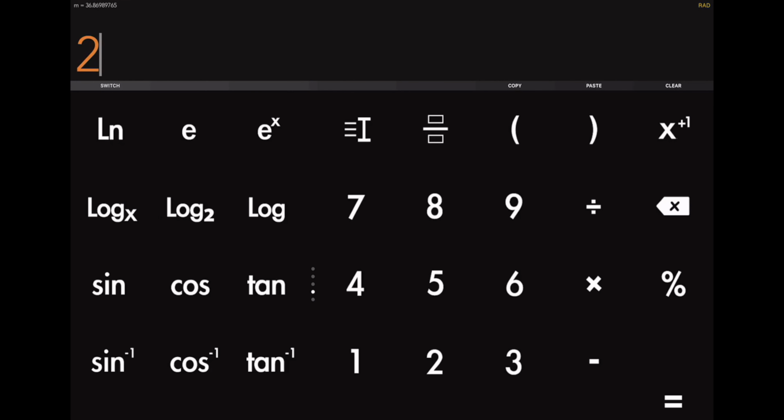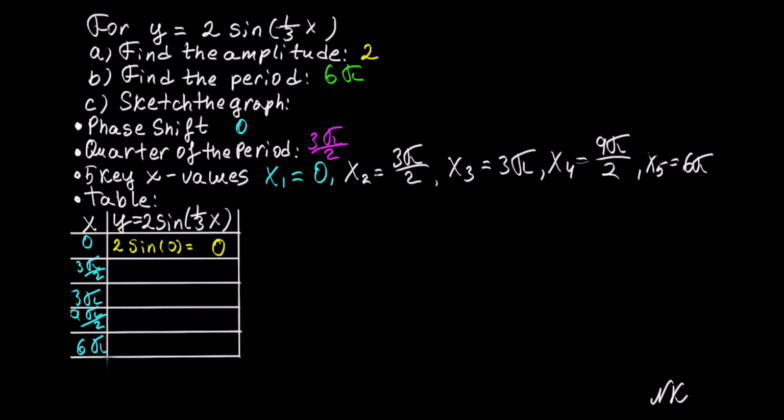So 2 sine of 0 is equal to 0. If there are no shifts, meaning you don't see a plus or minus, the sine function begins at 0, then goes to the coefficient, which is 2, back to 0, the opposite of the coefficient, which is -2, and returns to 0 for the final point. But you should always be able to substitute the values and plug them into the calculator.